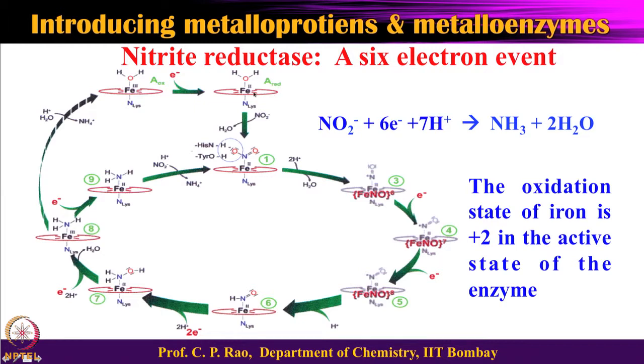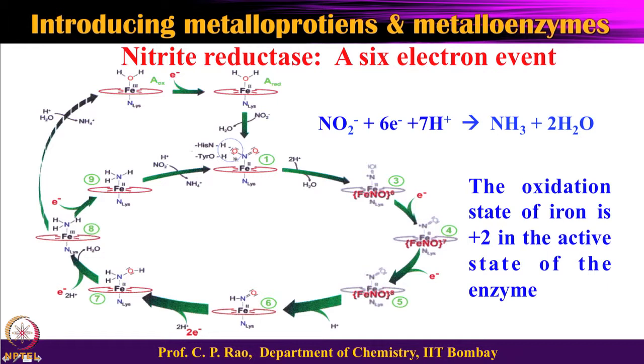At this stage you have NO2 binding. NO2 binds here, and this binding is facilitated by the neighboring groups, the histidine and the tyrosine, as you can see over here. Then comes the protonation.